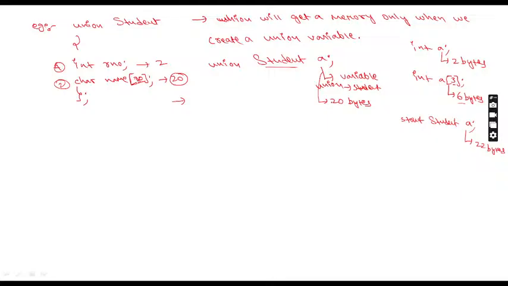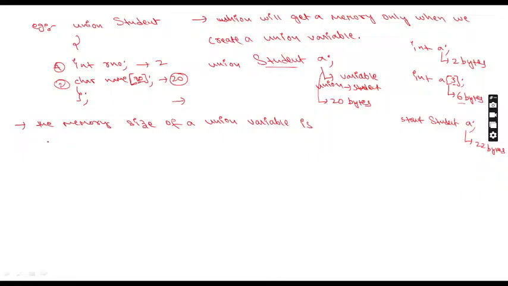So we should not say always 20 bytes. It depends on the example, on the number which you have written here. That is nothing but the size. So in general, how are you going to write? The memory size of a union variable is what?